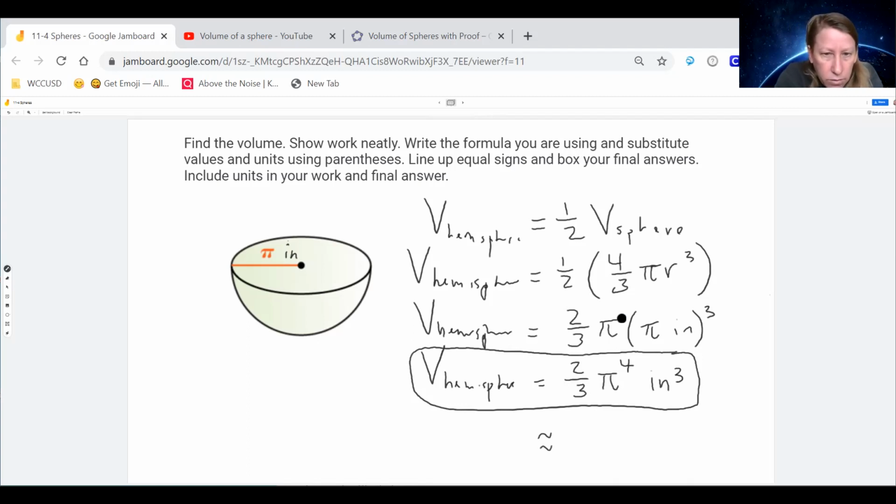Pi to the 4th power. Wow. Times 2 divided by 3. Okay, I got about 64.9 using my pi button. So 64.9 cubic inches would fill that hemisphere.